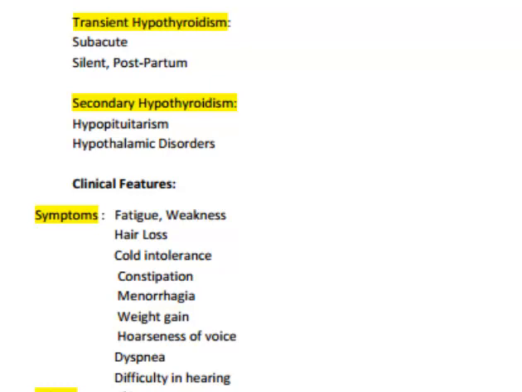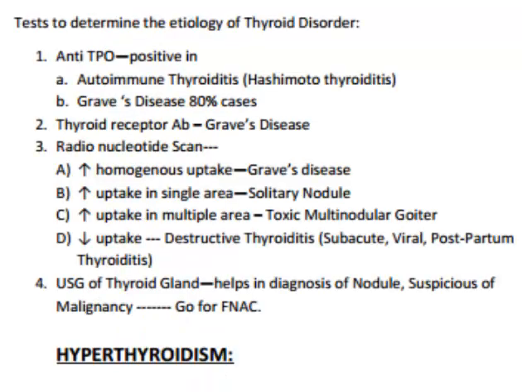Now, how do we assess or evaluate a patient of hypothyroidism? First, we will measure TSH. If it is increased, then we will measure FT4. If it is decreased, it is primary hypothyroidism. And if it is normal, then it is subclinical hypothyroidism.